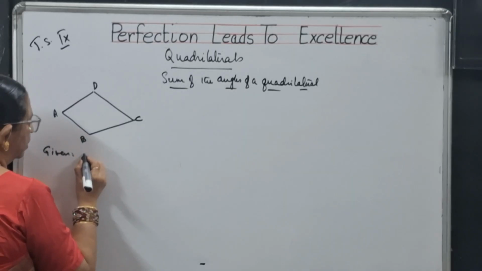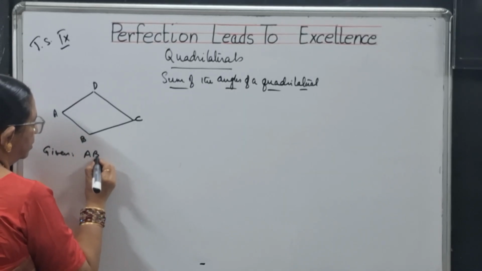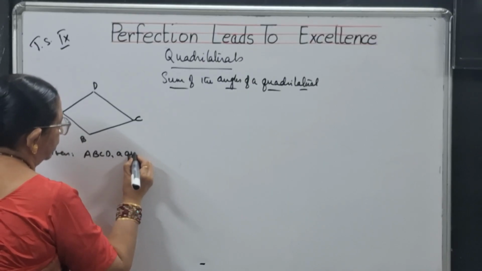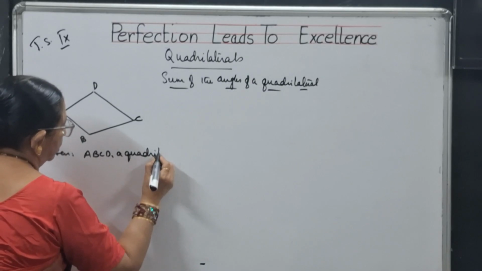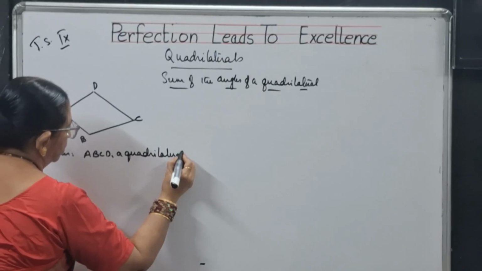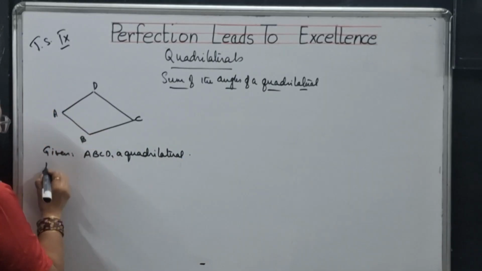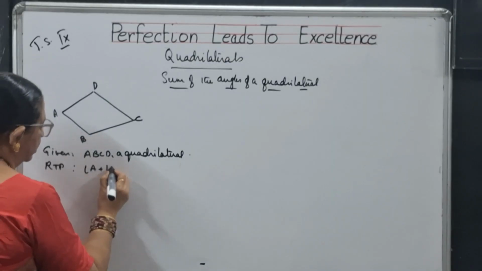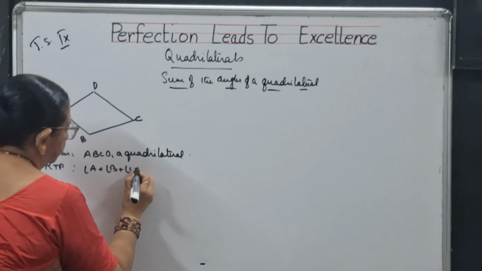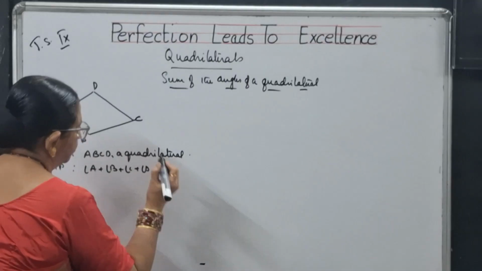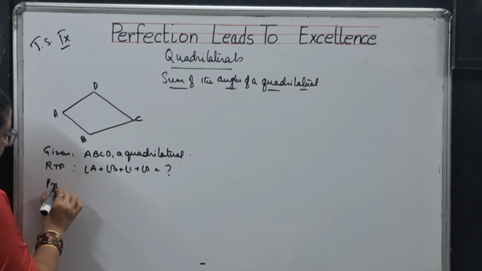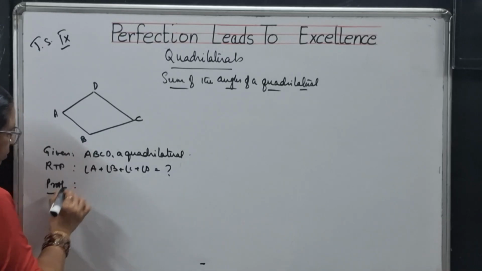We have ABCD, a quadrilateral. What we are required to prove is that angle A plus angle B plus angle C plus angle D is how much. So proof: here, how to find out.